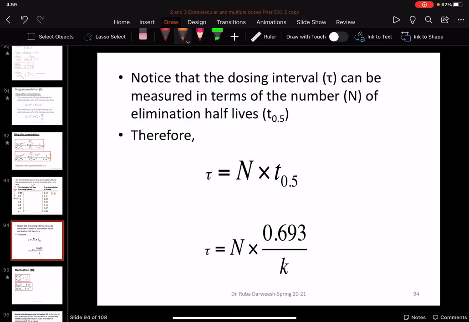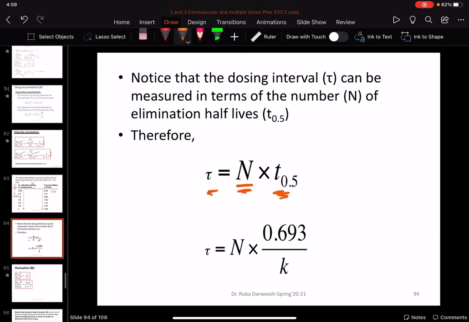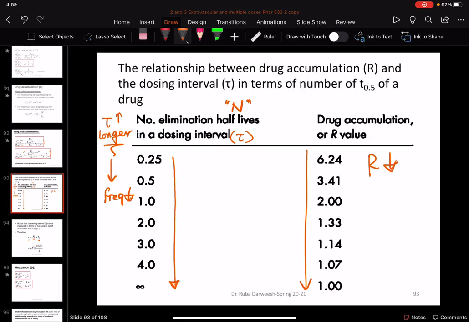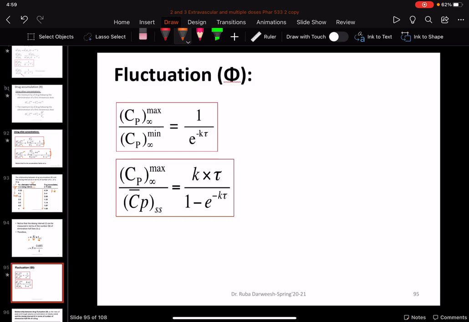And we know the relationship between the number of half-lives in tau, and we can add it to any of the equations that we have. We know that this principle is the opposite of what we have for the fluctuation. The fluctuation definition is the relationship between whatever is happening at steady state, either maximum and minimum, or maximum with the average steady state concentration.